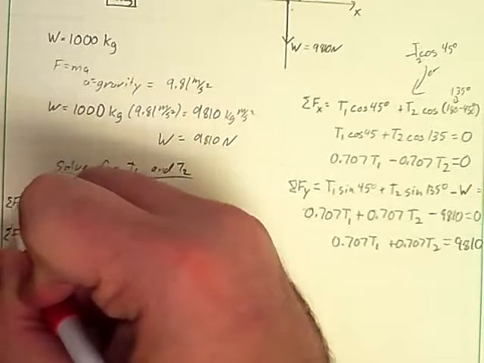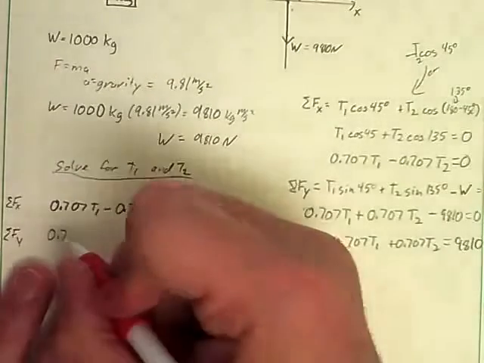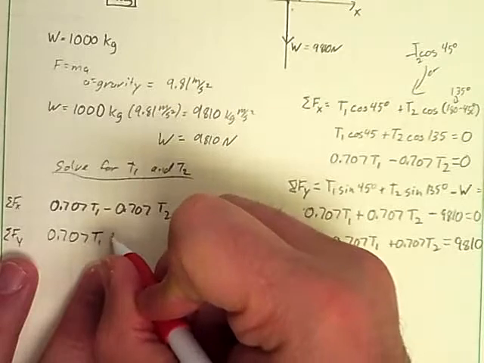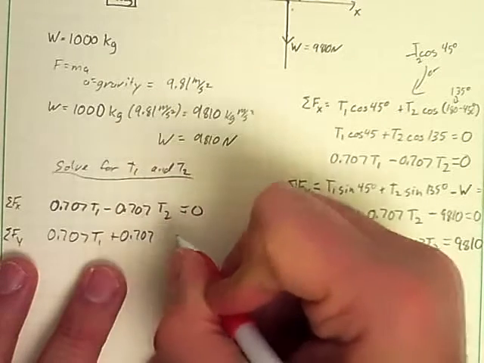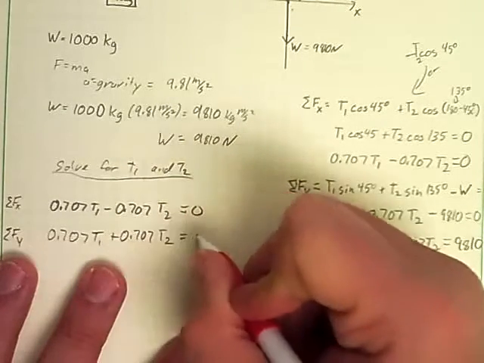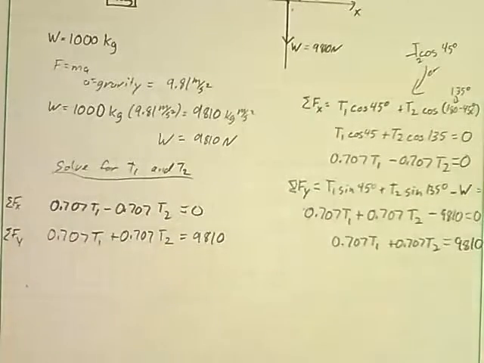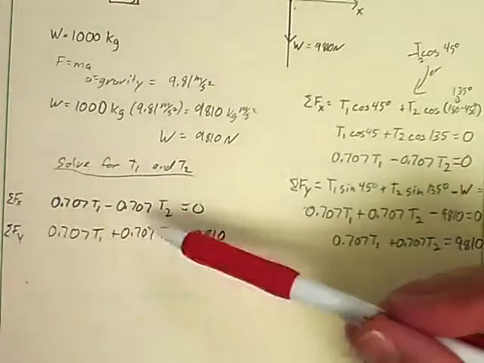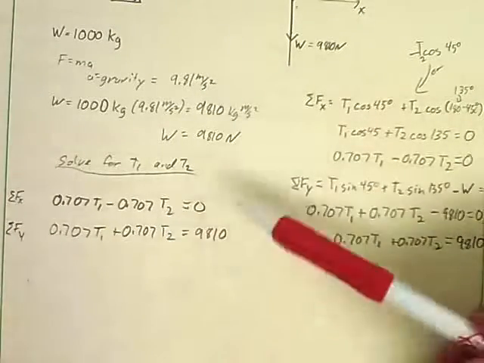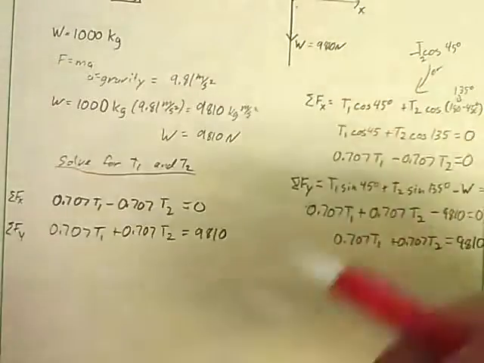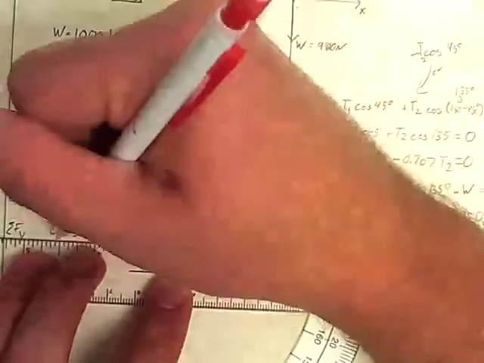And this one, 0.707 T1 plus 0.707 T2 equals 9,810, is from the sum of the forces in the y direction, because they have to be pulling up that entire weight between the two of them. So pick our method to solve it. The easiest one, since these have the same coefficients, is to just add the two equations together. We'll see T2 go away, and we can get T1 quickly.